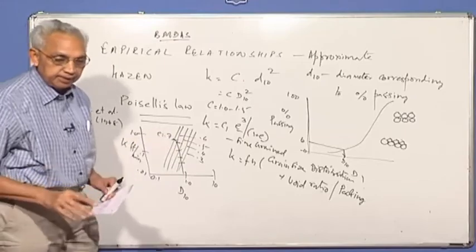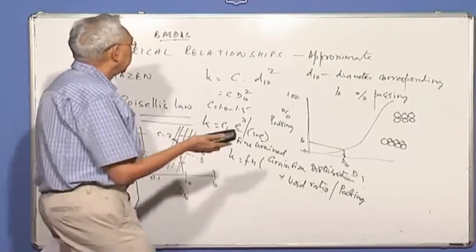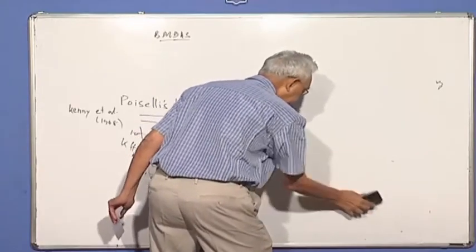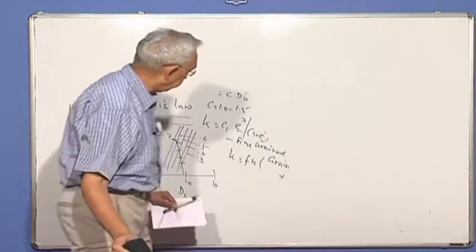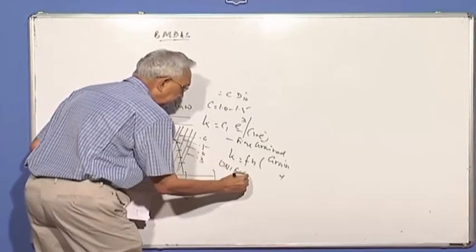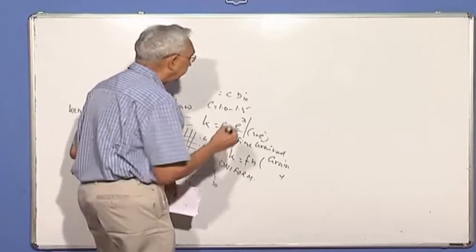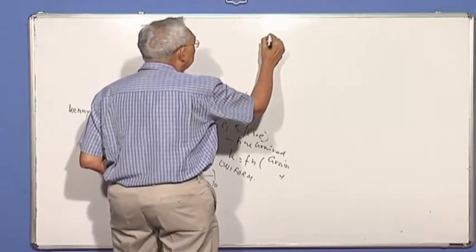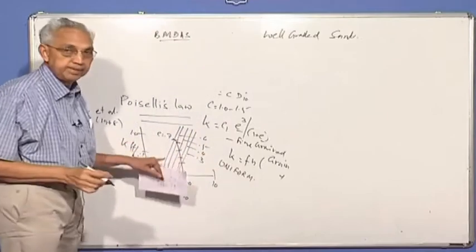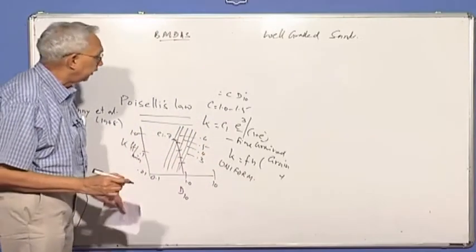Similar to this, for clays, we also have another empirical correlation. This correlation also is a function of uniformity coefficient. This is for uniform sands, and Kenny and other group, they have given another chart for well graded. So you have different estimates based on the uniformity coefficient.